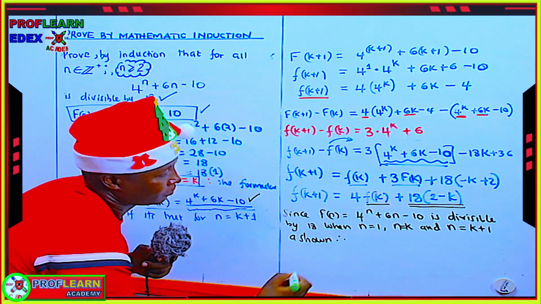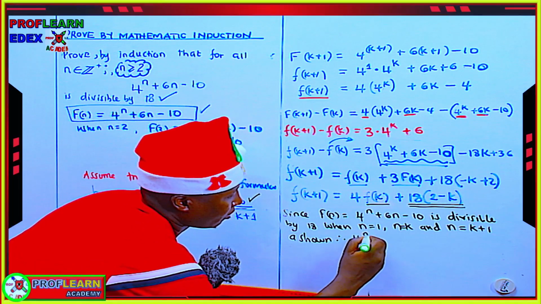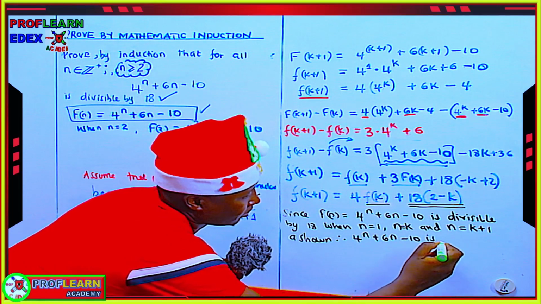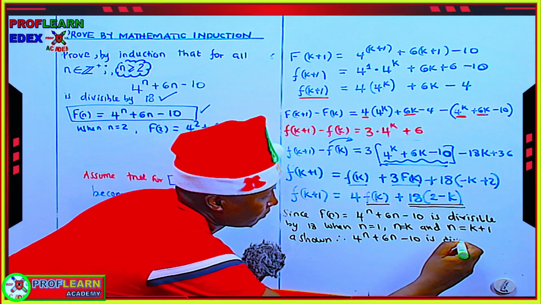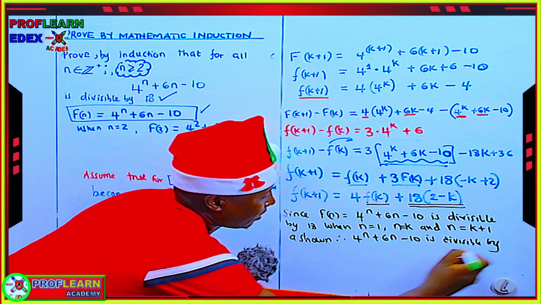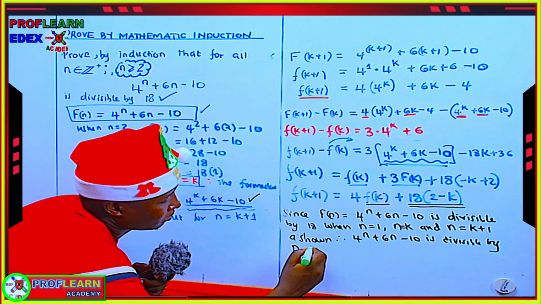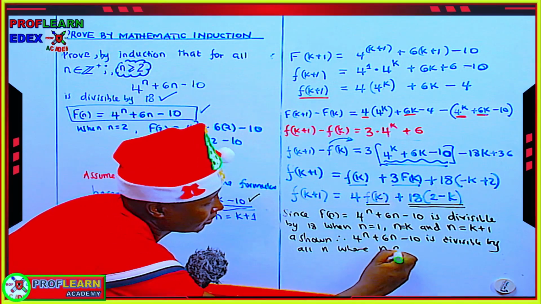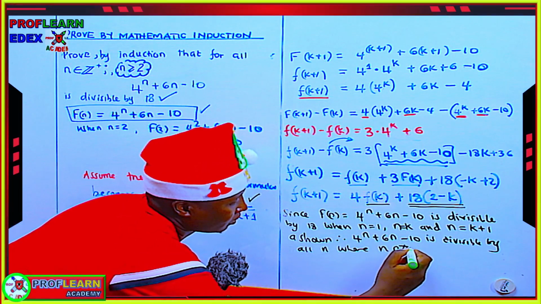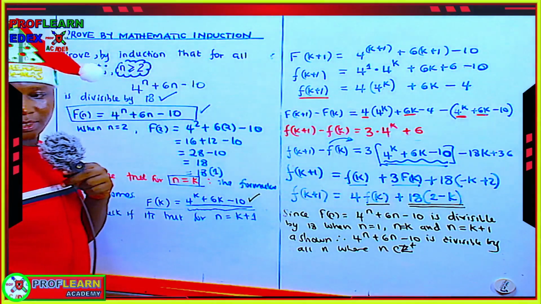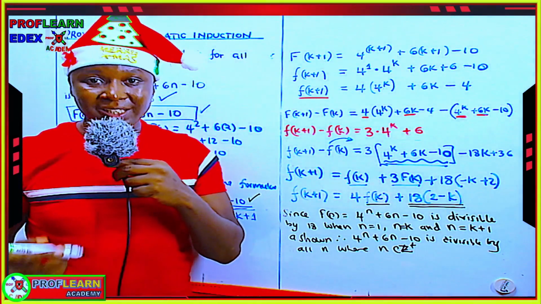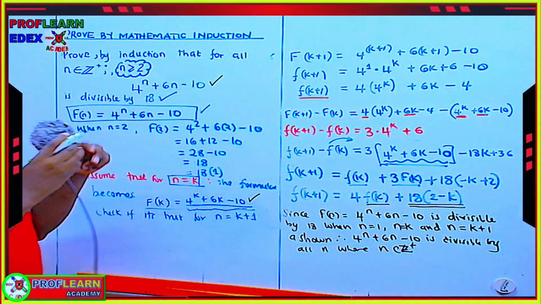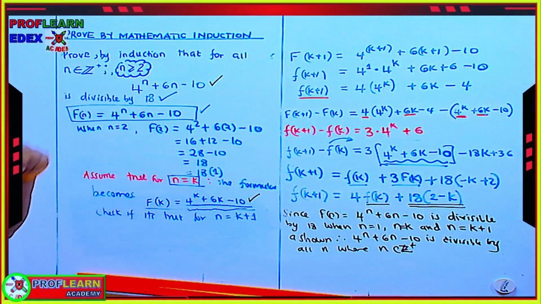Therefore, 4 raised to power n plus 6n minus 10 is divisible by 18 for all n where n is a member of the positive integers. So basically that's what you do in order to prove by mathematical induction that this is divisible by 18.